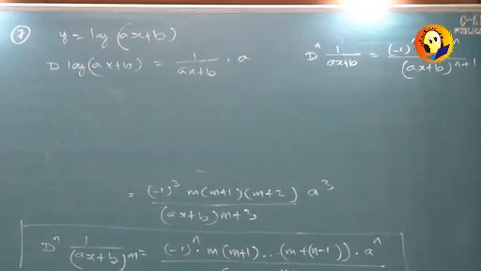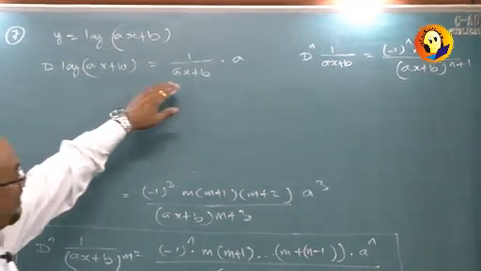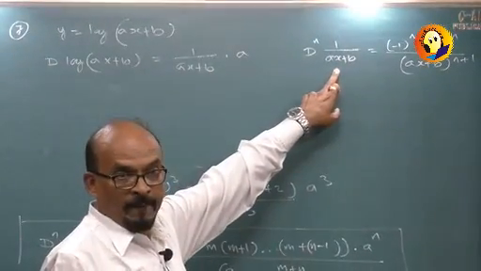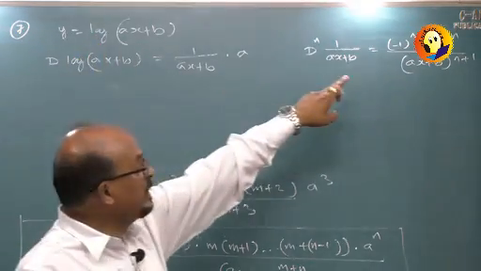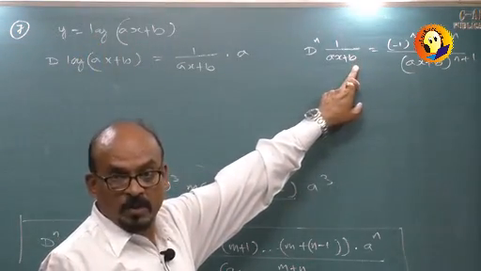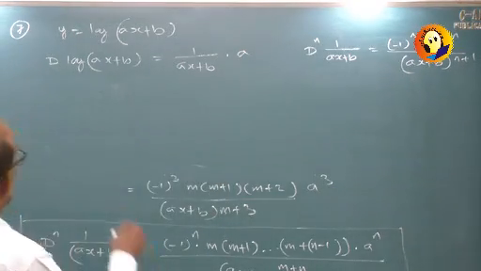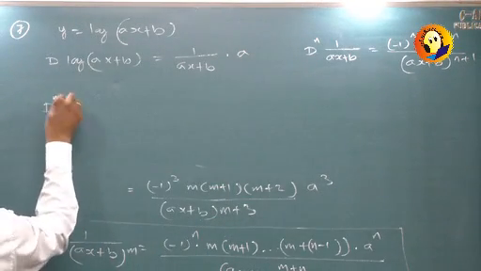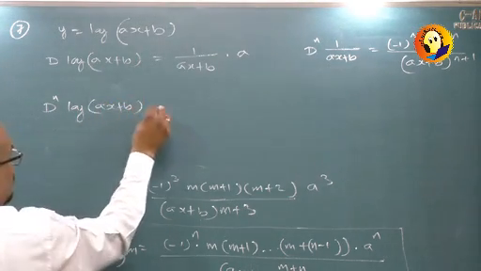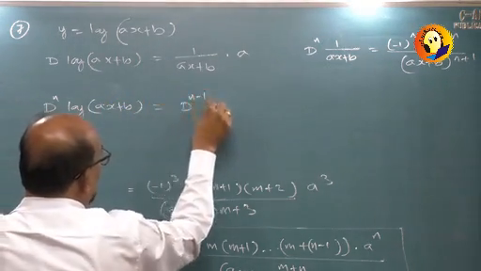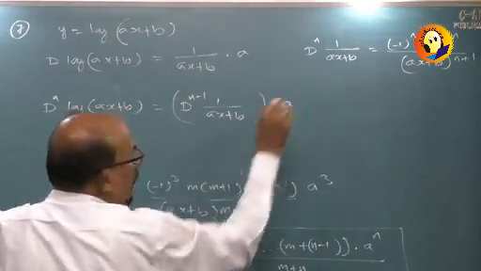Now can you tell me directly what is the nth derivative of log? Because the first derivative is this. So when we want the nth derivative of log, it will be the n minus 1th derivative of 1 upon ax plus b and 1 a extra. So the nth derivative of log of ax plus b is actually the n minus 1th derivative of 1 upon ax plus b into a.